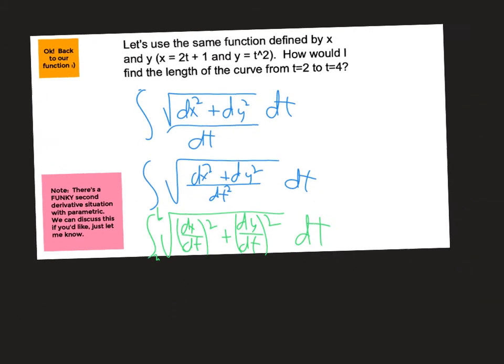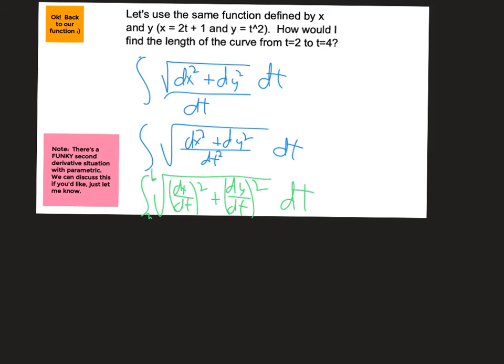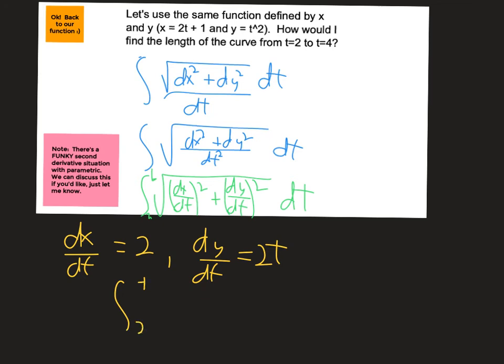So let's play. So x is that. So dx dt is 2, dy dt is 2t. So we got to integrate from 2 to 4 the square root of 2 squared, which is 4, plus 2t squared, which is 4t squared, dt.